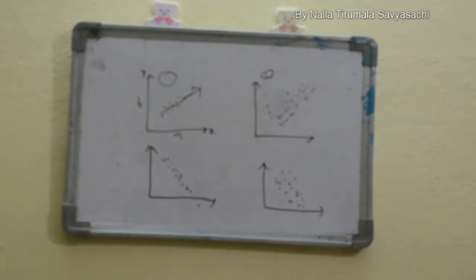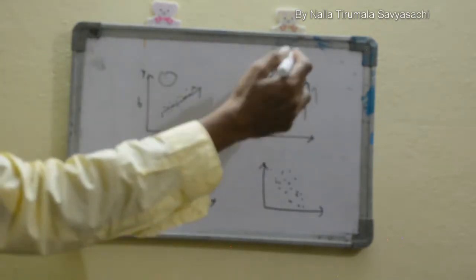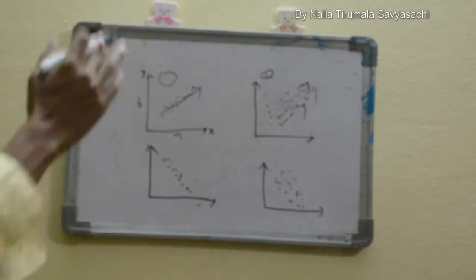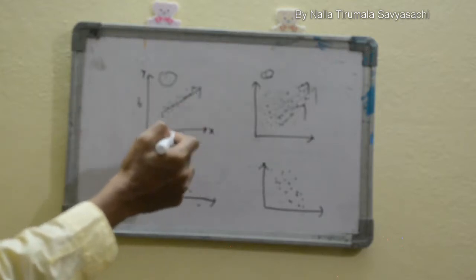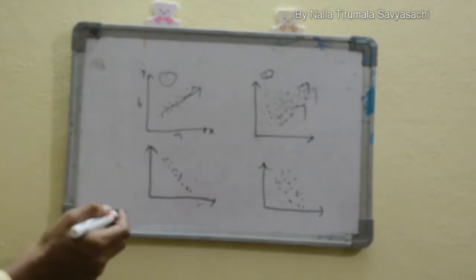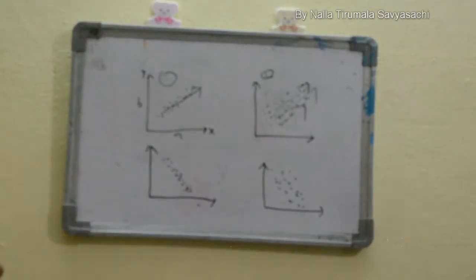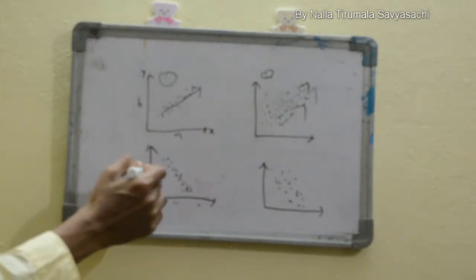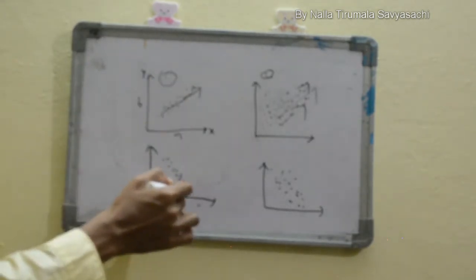So we say in this case there is a weak linear relationship with positive slope. In both cases the line is moving upwards, which means positive slope, but the first is a very strong linear relationship and the second a weak one. If you see this third one, the data plots go downwards. Here also we can say there is a strong linear relationship with negative slope. In one case positive, in this case negative slope.